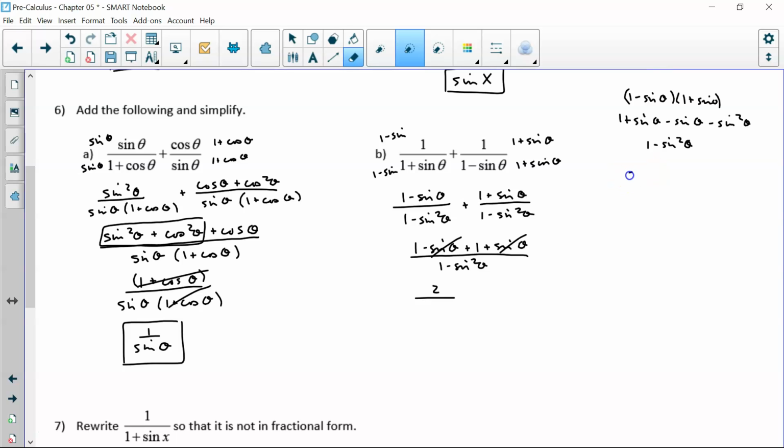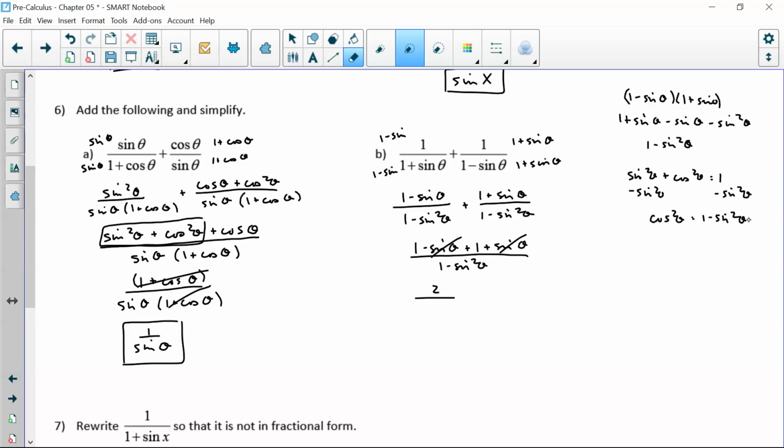My Pythagorean identity, sine squared theta plus cosine squared theta equals 1. Now, if I want to get 1 and sine on the same side, I subtract sine squared theta from both sides. I get that cosine squared theta equals 1 minus sine squared theta.